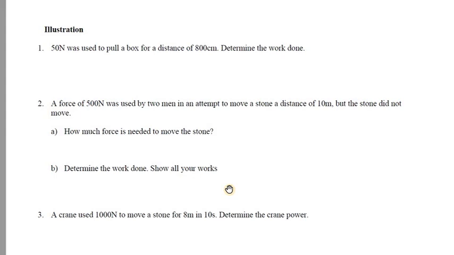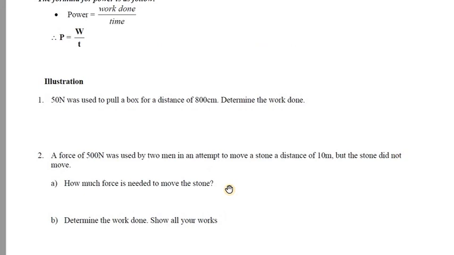Then the questions. Determine the work done. 50 newtons was used to pull a box for a distance of 800 centimeters. Determine the work done. The only thing I would add before I finish this lesson is that we should always know what the SI unit or base unit we're supposed to be using is.